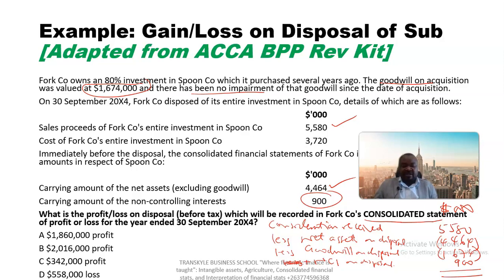Let me look for the calculator. 5580 minus 4464 minus 1674 plus 900, 342. So which means our answer should be C.